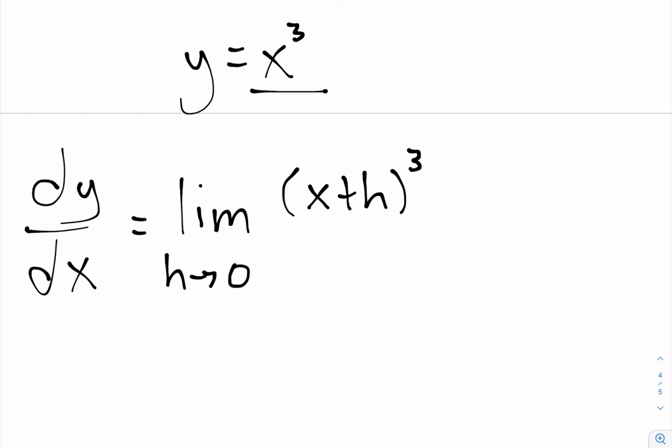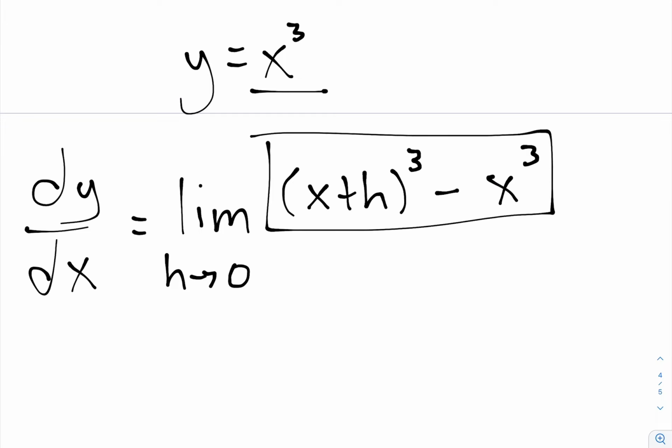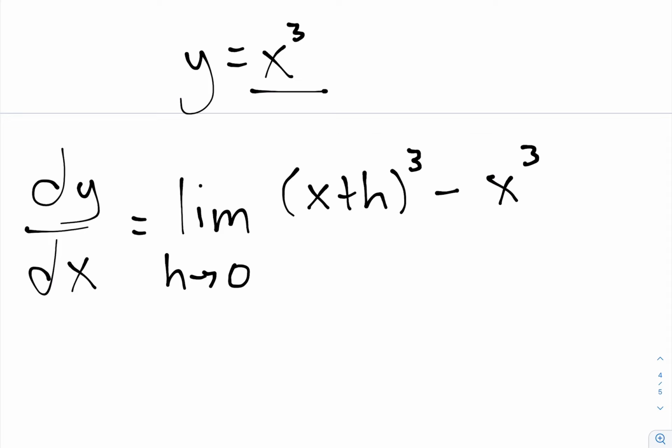Instead of putting x here, we're going to put in x plus h, because this is our change in x. And we're going to subtract the original y we started with. So this is our new y after we add h in the x direction. We're going to be subtracting x cubed. So this is our y2 minus y1. y2 is x plus h cubed, and y1 is just x cubed.